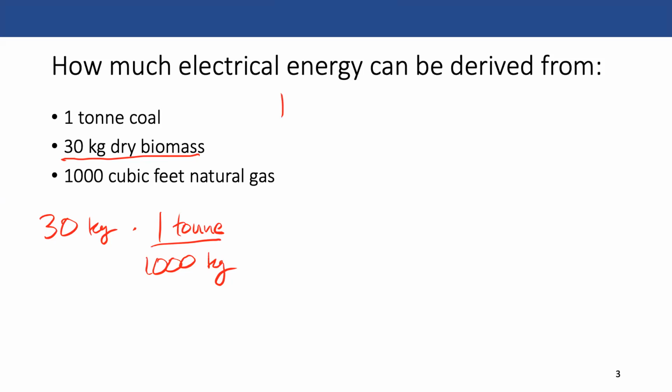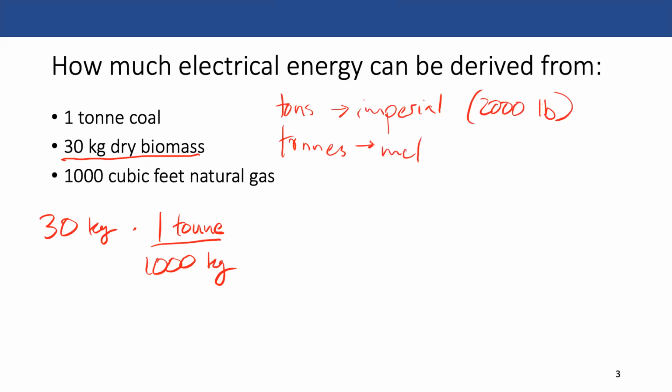Tons spelled like this is imperial, and that is 2,000 pounds, whereas tonnes here is metric, and that's 1,000 kilograms.